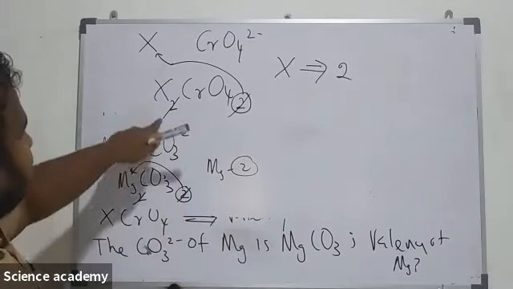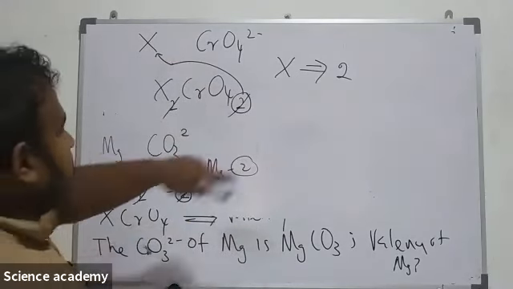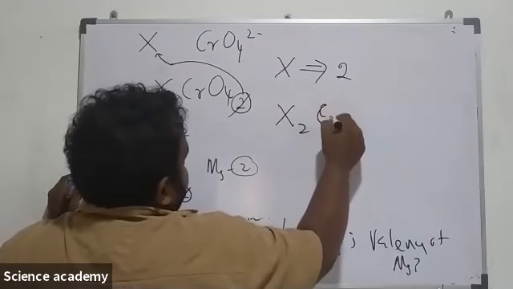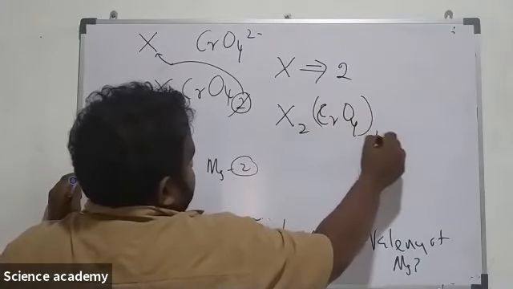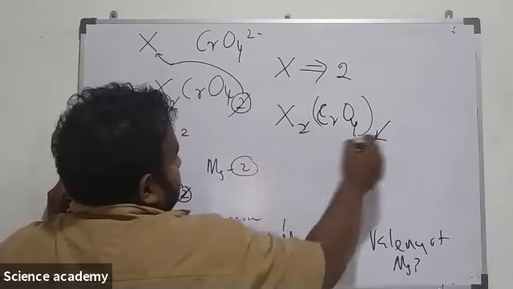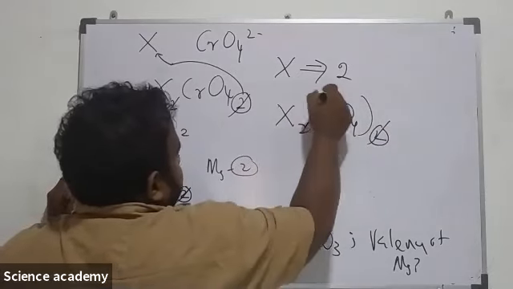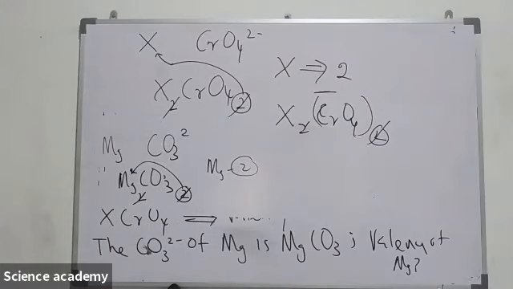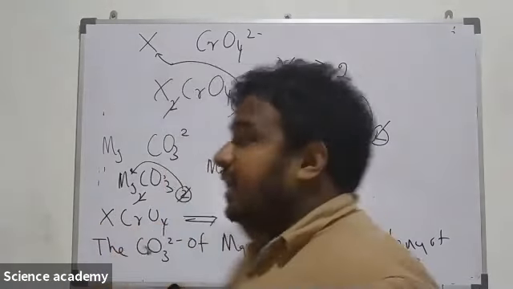Likewise, XCrO4 means it should have been X2(CrO4)2, but these two have chopped. So the valence of X is going to be 2. Got the point? We can't take the valence as 1.